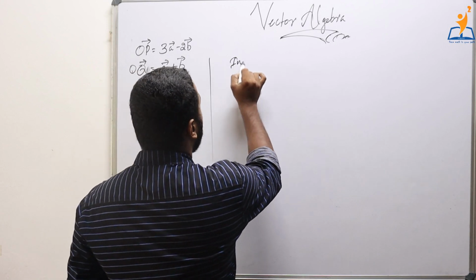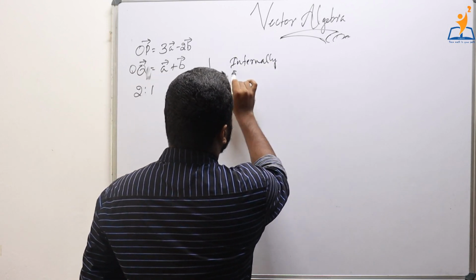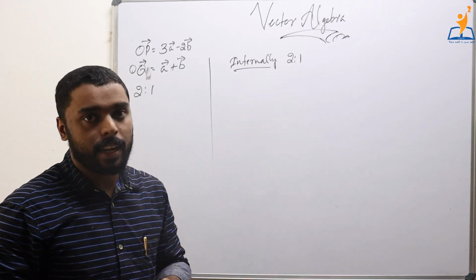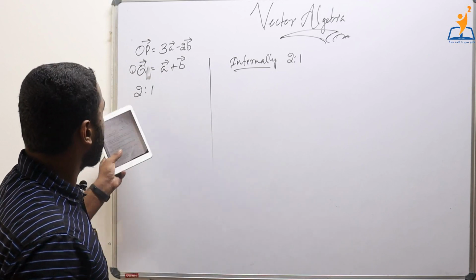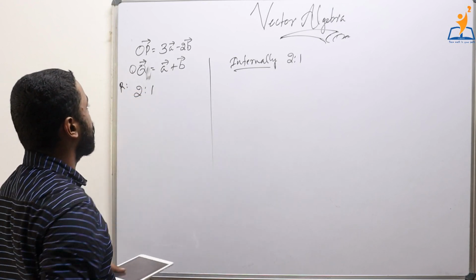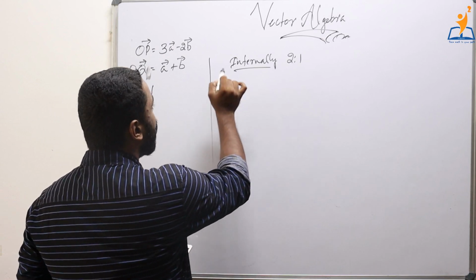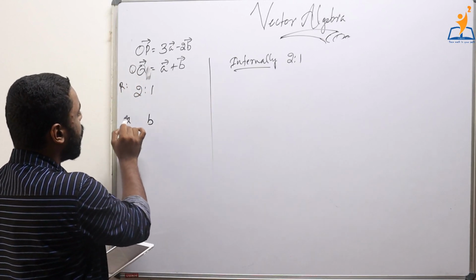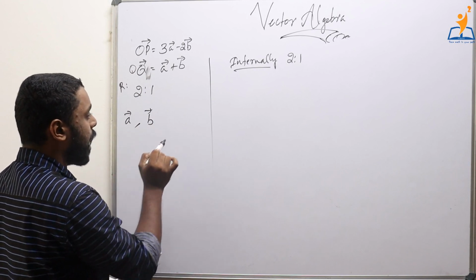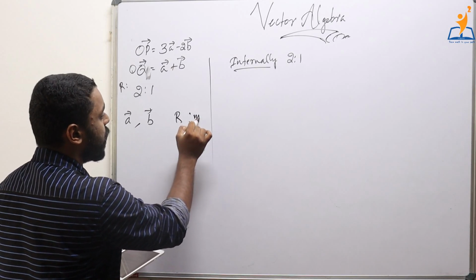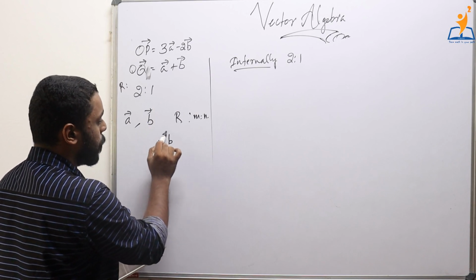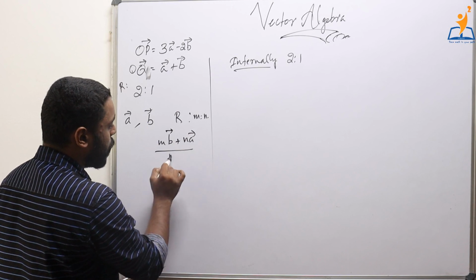First one is when it divides internally. So the ratio is 2:1 and in this first case the division is internal, and we have to find the position vector of the point R. We know that if we are given two position vectors A and B and the line segment joining these two points is divided by another point R in the ratio m:n, then if the division is internal, the section formula is R equal to (mb plus na) divided by (m plus n).